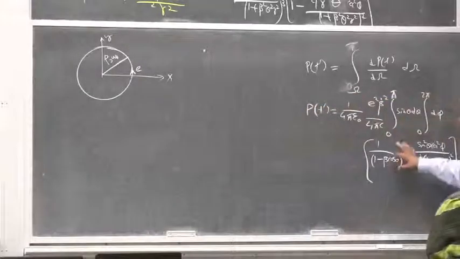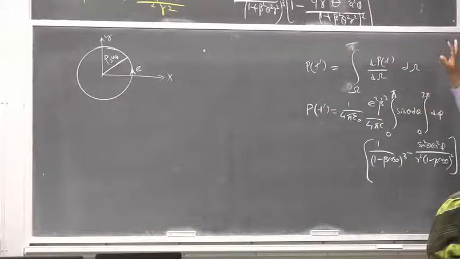So this is the total radiated power over all angles, over theta and phi.